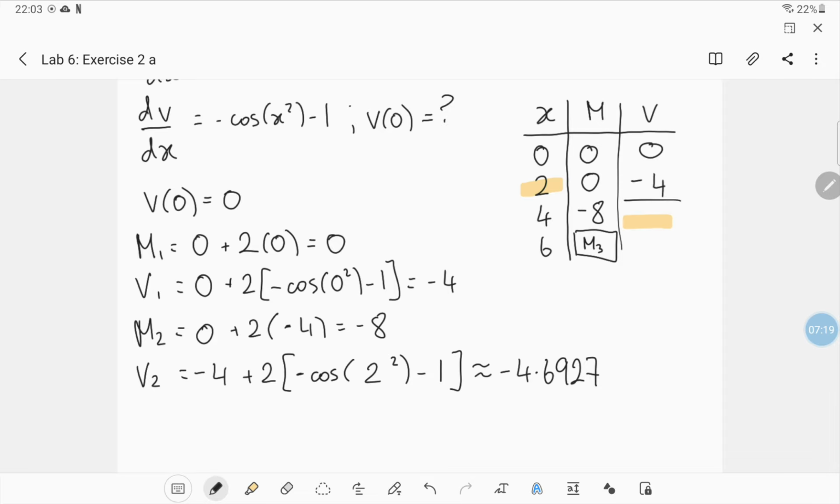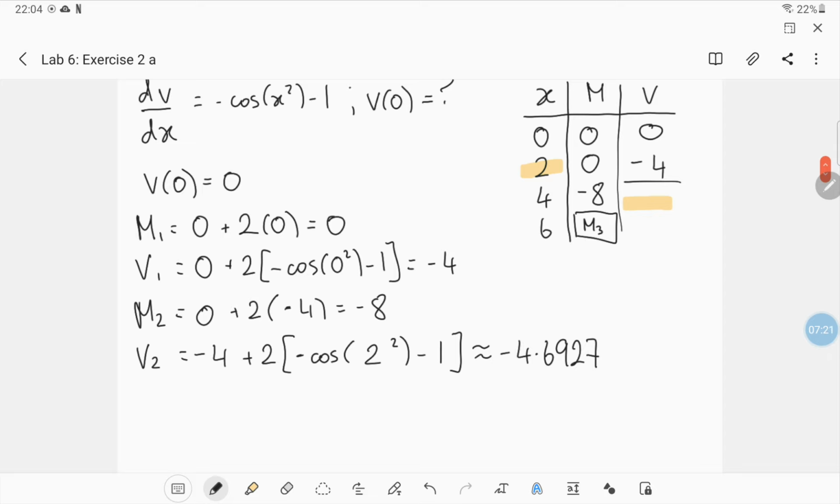Okay, and now I need to get my M3. M3 is at the third point.